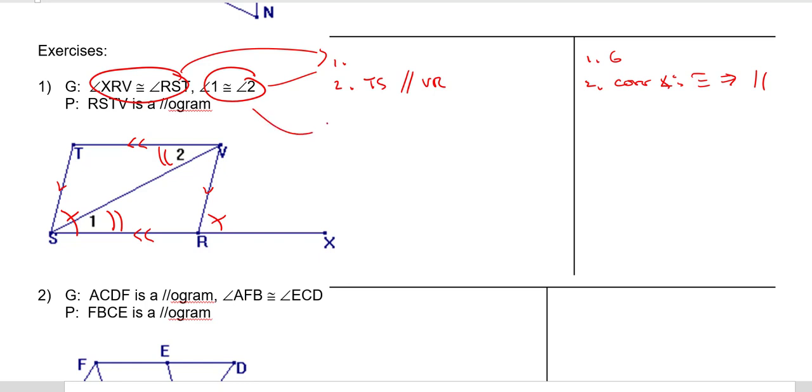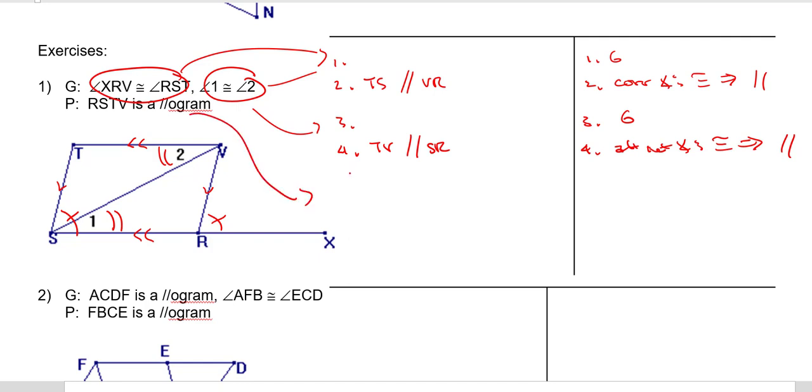And then in step 3, that's the givens, which will give you TV being parallel to SR because if alternate interior angles are congruent, then you have parallel lines. And now I can say that RSTV is a parallelogram because 2 pairs of opposite sides parallel means you have a parallelogram.